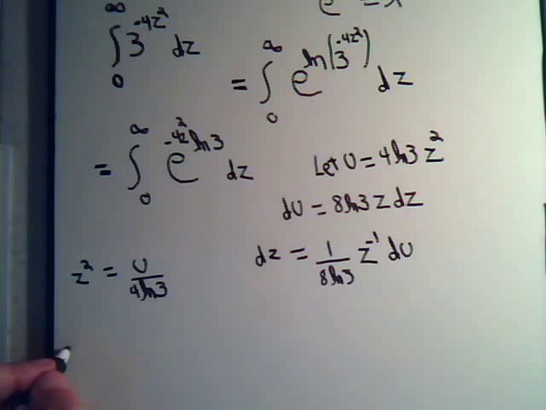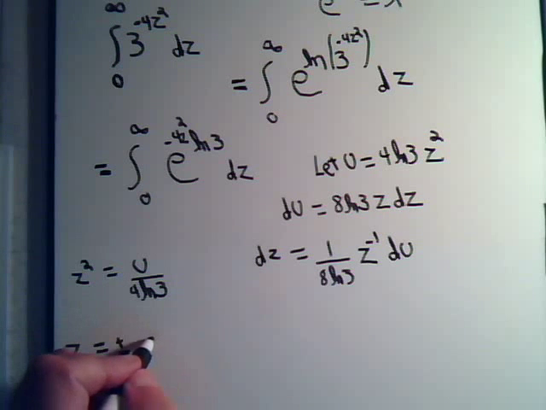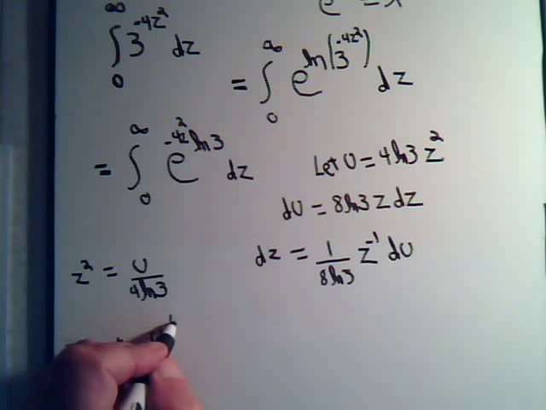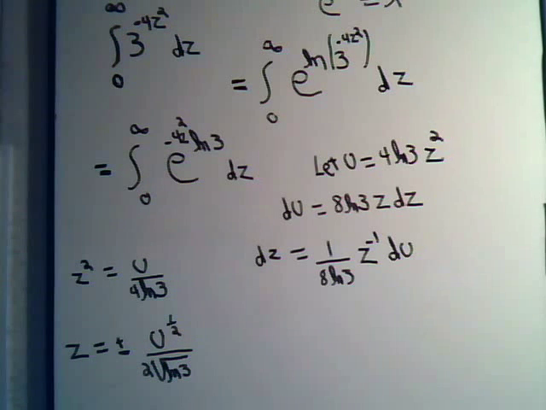So z, if we take the square root of both sides, will equal plus or minus u to the 1/2 divided by 2 times the square root of the natural log of 3, and we're just going to consider the plus part here.